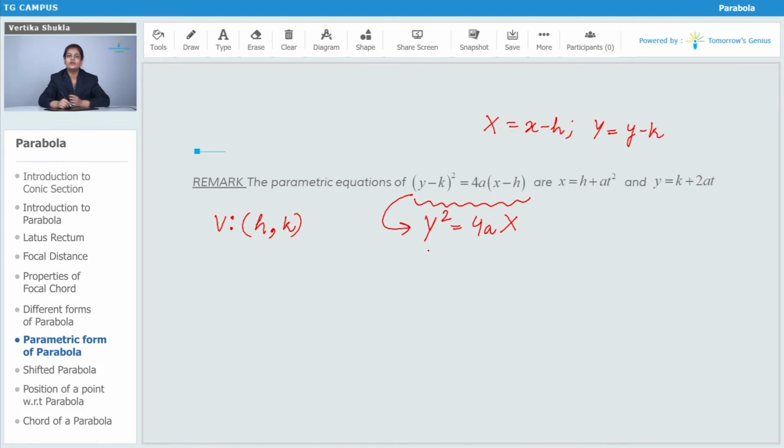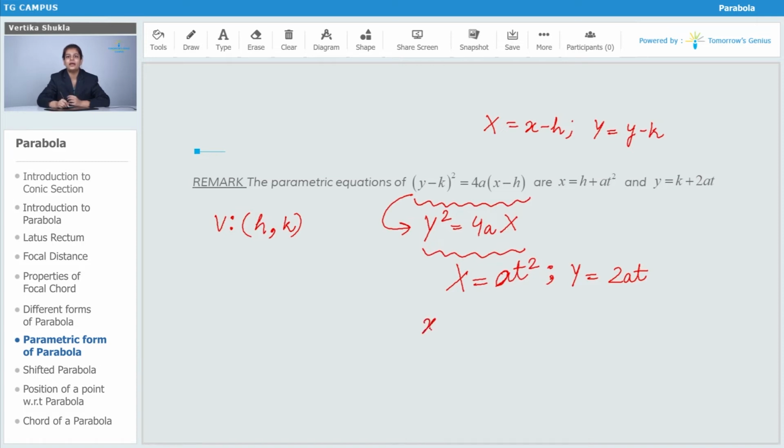Now for this kind of parabola, we have already discussed that the parametric coordinates are given by x is equal to at square and y is equal to 2at. These are the parametric coordinates that we have discussed for the parabola y square is equal to 4ax. But in this case, what is the value of capital X?